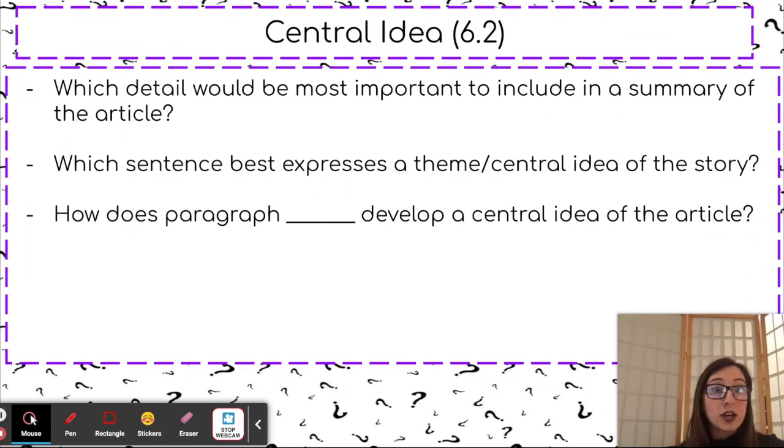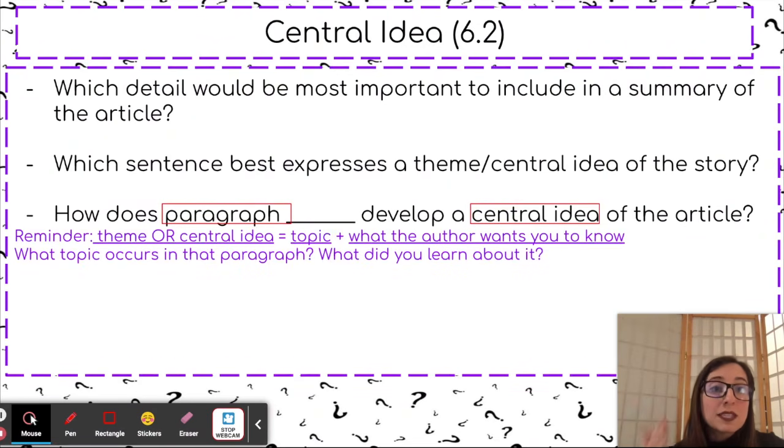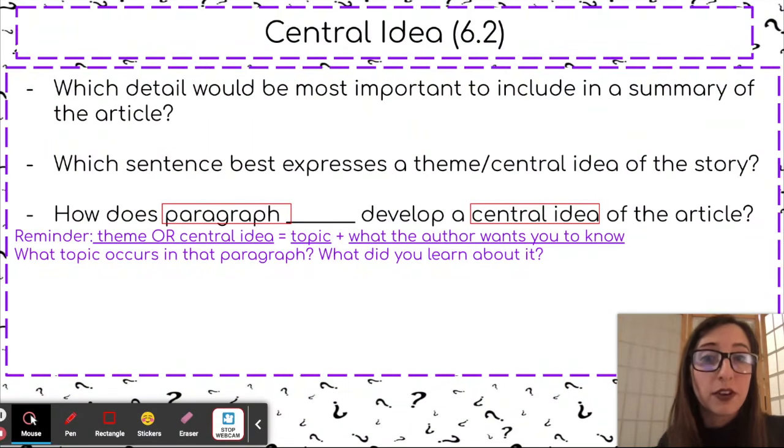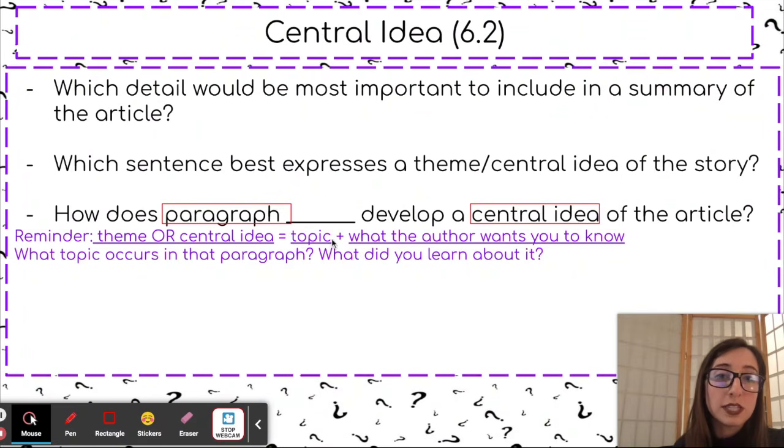Next, very similar question. How does paragraph blank develop a central idea of the article? Maybe paragraph 9, maybe paragraph 11, I don't know. Same exact process. However, the question is slightly different. So yes, you need to think about what is the theme or central idea based on the passage, but specifically look at that paragraph.